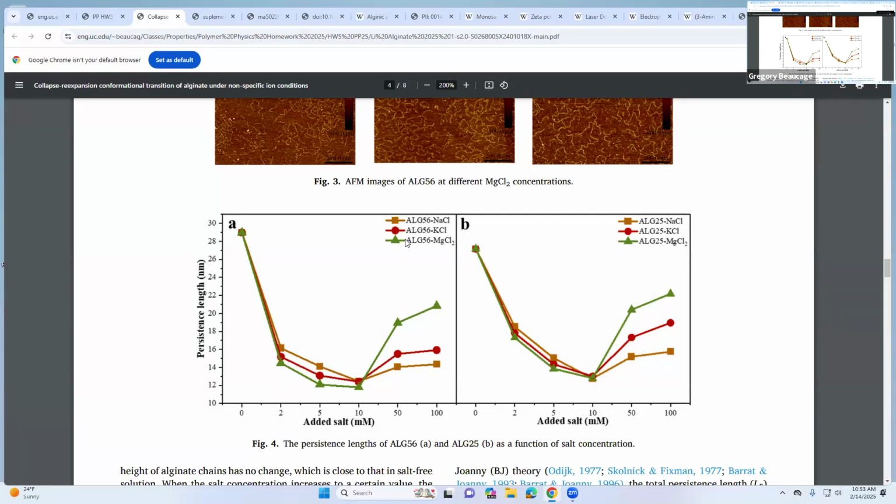I don't know who he is, but the OSF is from Odijk, Skolnick and Fixman, some Norse people and some other people. Fixman is a kind of famous theoretician, I forget the details on him. Anyway, there are two effects, not three.